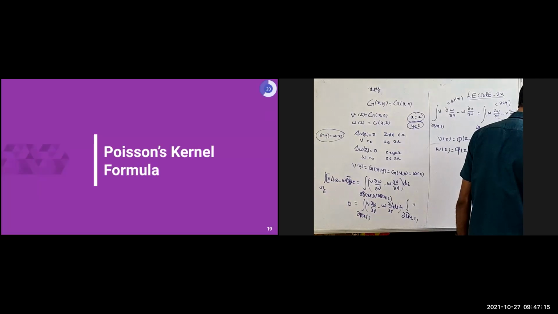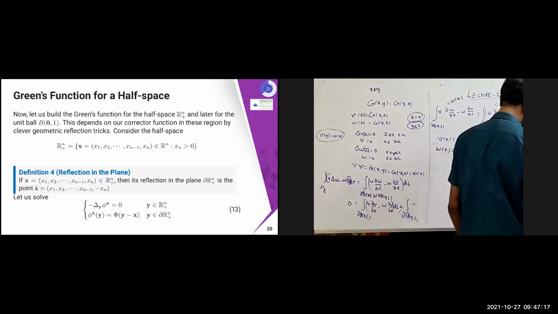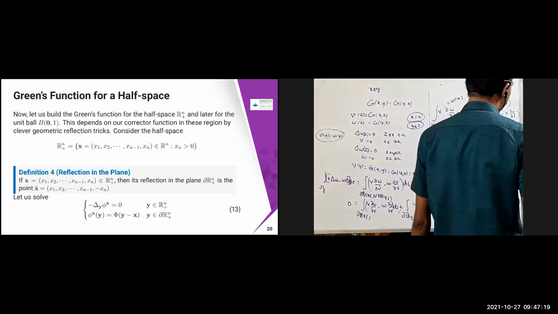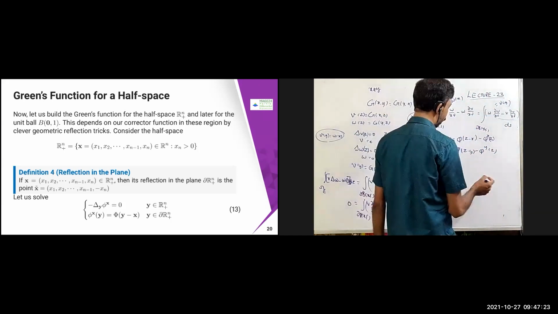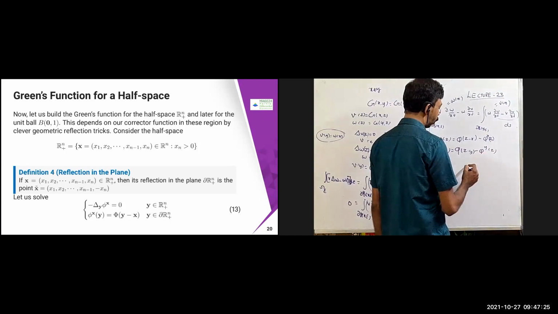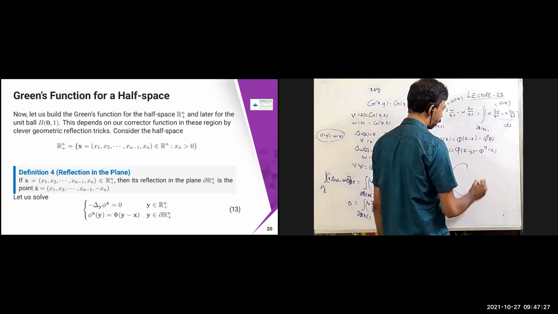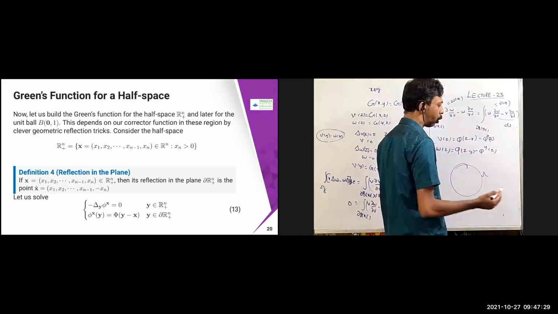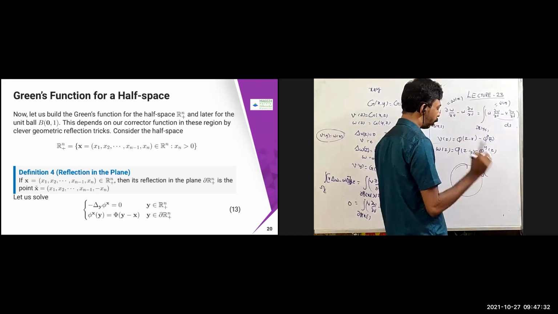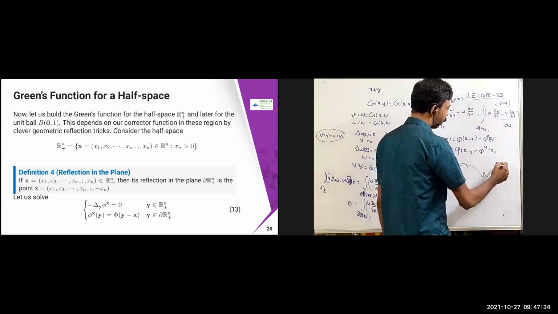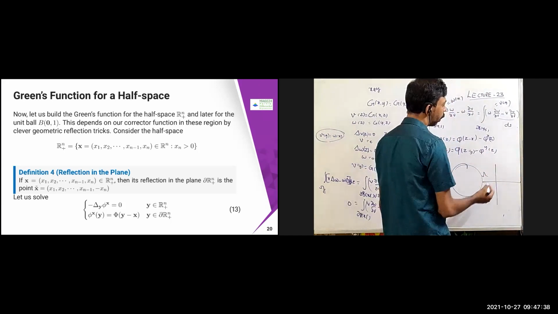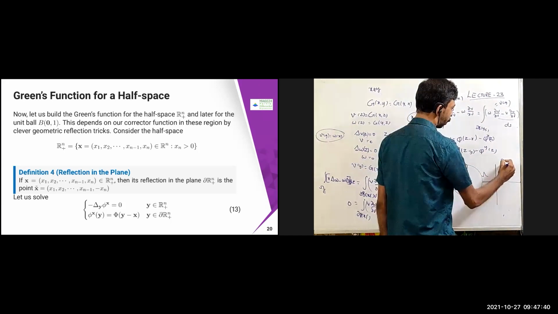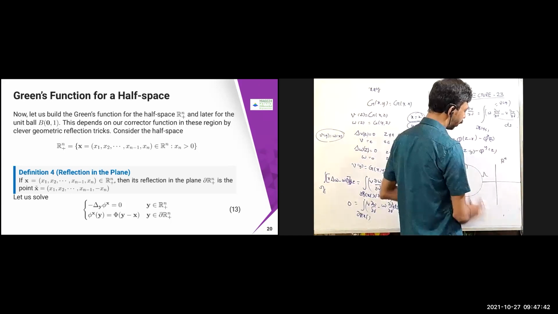Any questions so far? Okay, now what we can do is the same thing for the half plane. So far we have taken any Ω, mostly. Now, instead of the entire plane, we are going to consider two cases. Suppose this is my entire plane, ℝ^n, which I considered so far.